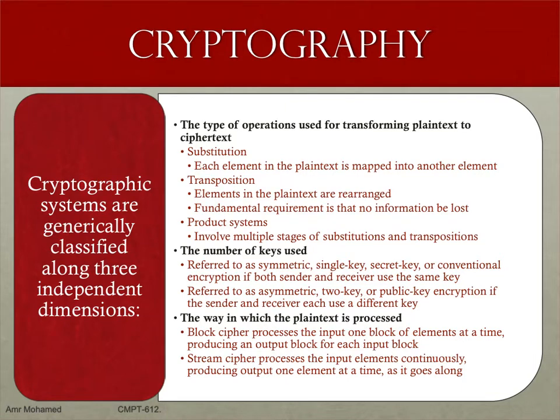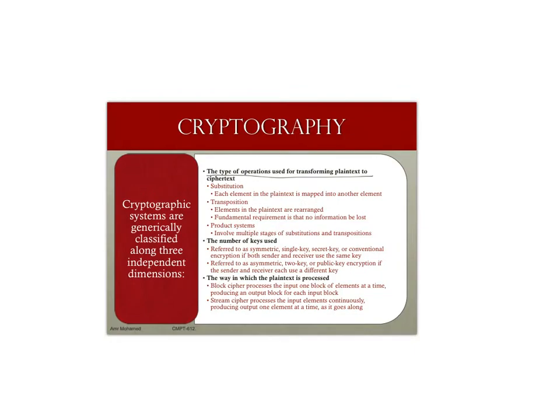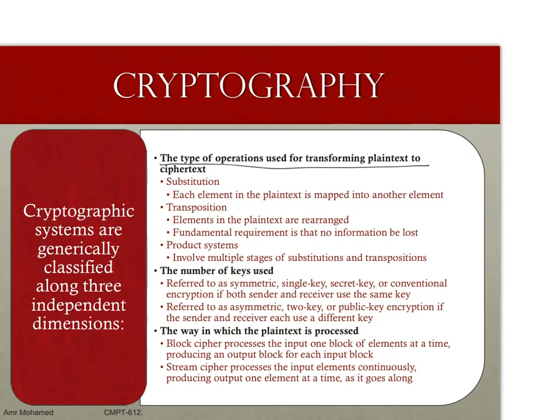So the cryptographic systems are generically classified along these three independent dimensions. First, the type of operation used for transforming plain text to ciphertext. In many cases, we resort to one of these three operations. Substitution.